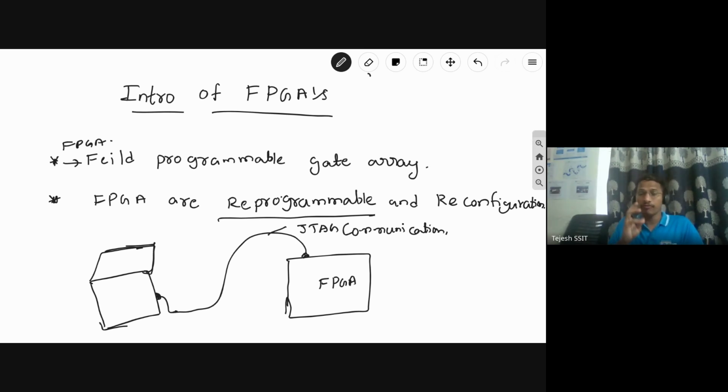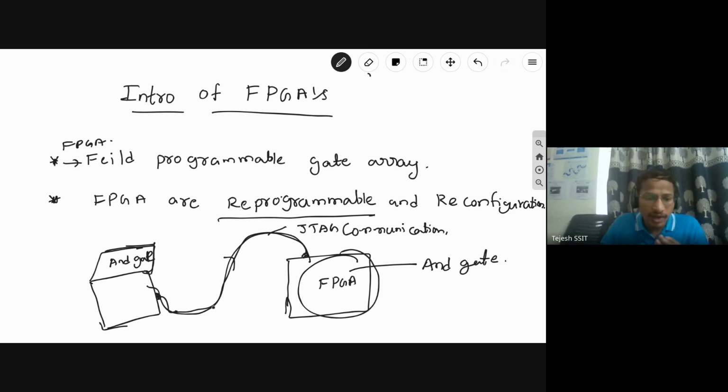So what is the meaning of reprogrammable? First of all, I will dump the AND gate code into the FPGA, so the FPGA becomes an AND gate.